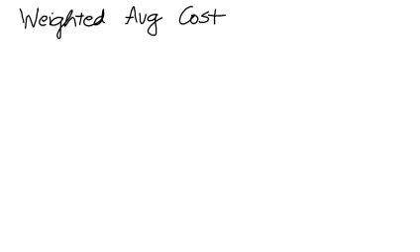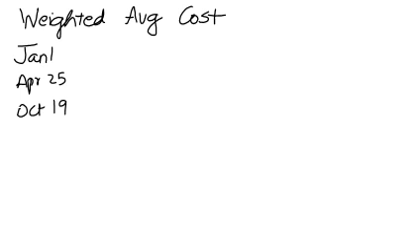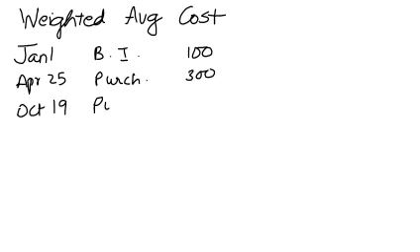So here the best way to do it is to look at an illustration. 3 dates, the company starts with beginning inventory of 100 units and then purchases of 300 units on April 25th and another purchase on October 19th of 600 units.